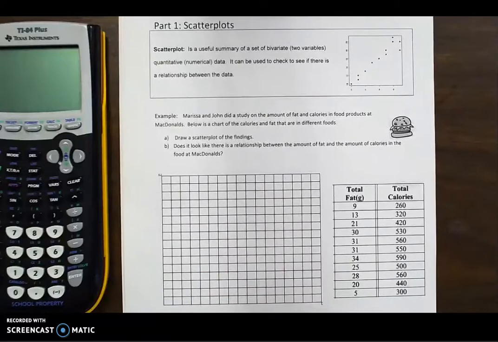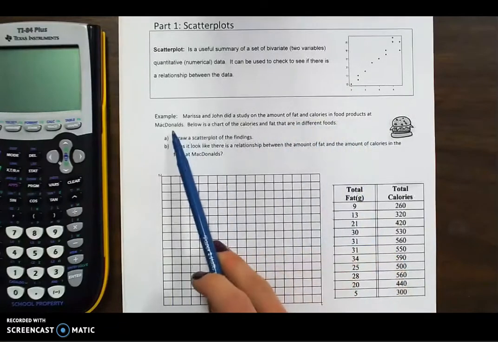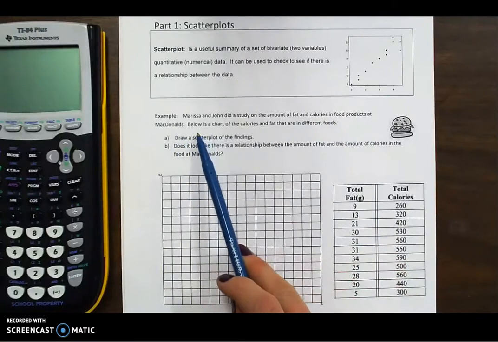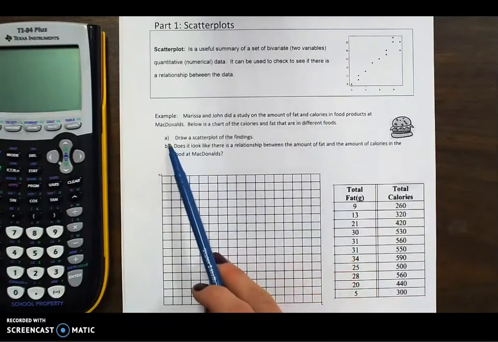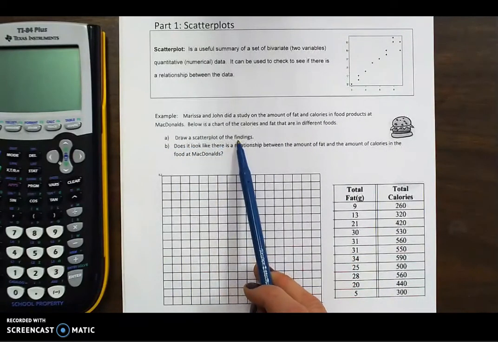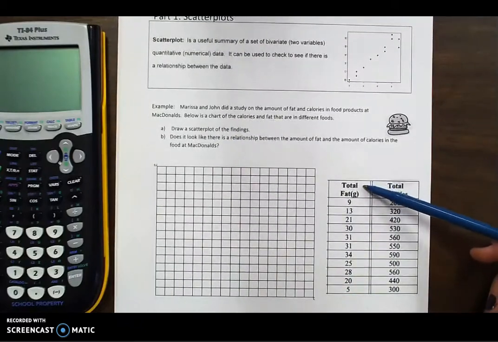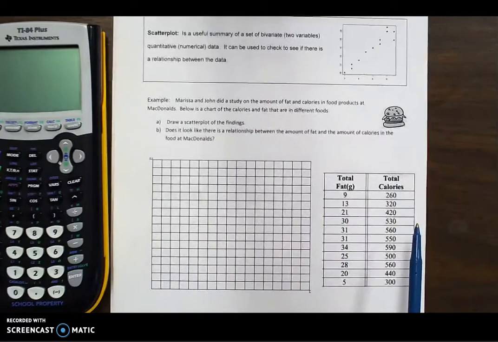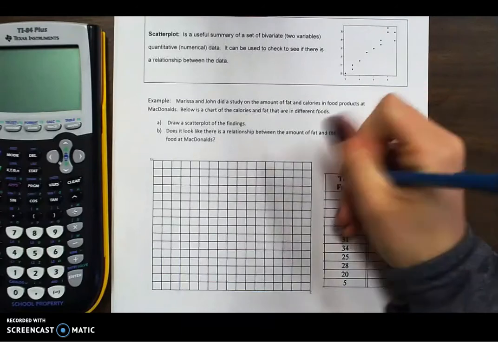Marissa and John did a study on the amount of fat and calories in food products at McDonald's. Below is a chart of the calories and fat that are in different foods. So part A, we're going to draw the scatter plot of the findings. So if we take a look over here at our chart, here's our bivariate data. We have 2 sets of data. All right, so your total fat, this is our X variable.